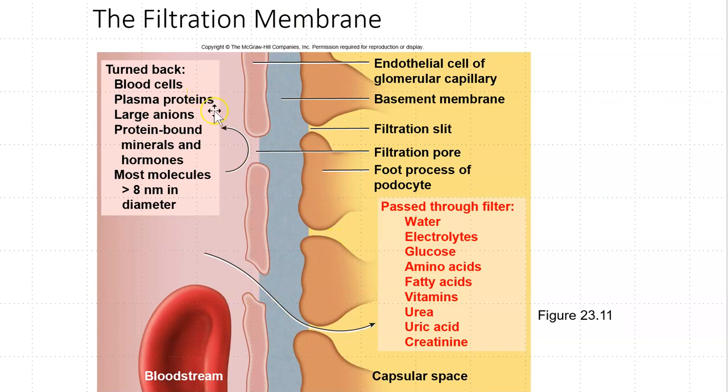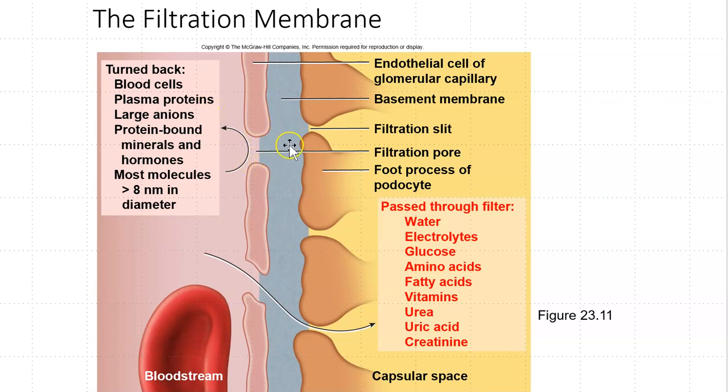So the blood is filtered through these three layers, and the first layer, the fenestrations, is large enough to allow several different electrolytes, water molecules, glucose, amino acids, fatty acids, and everything to pass through. But blood cells and large plasma proteins don't pass through these fenestrations.